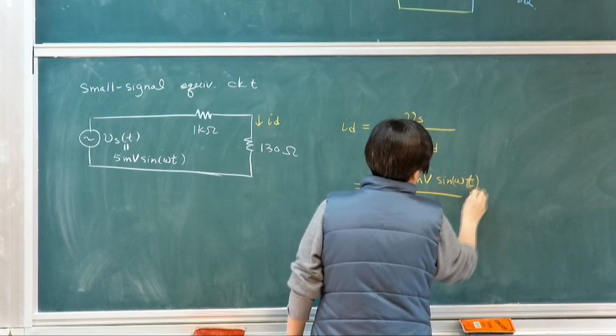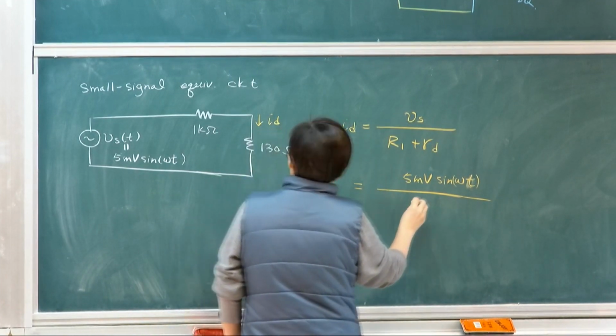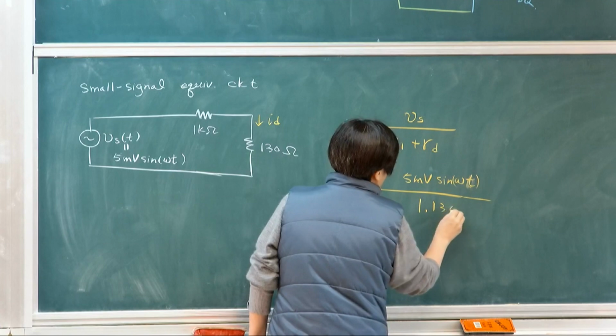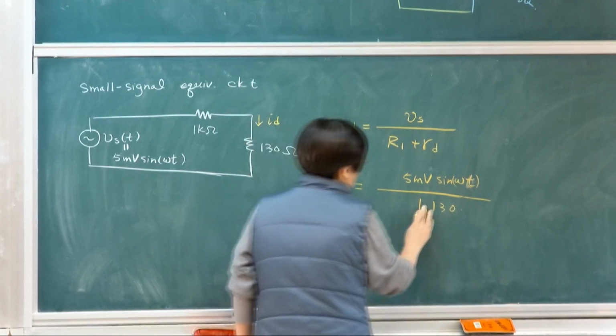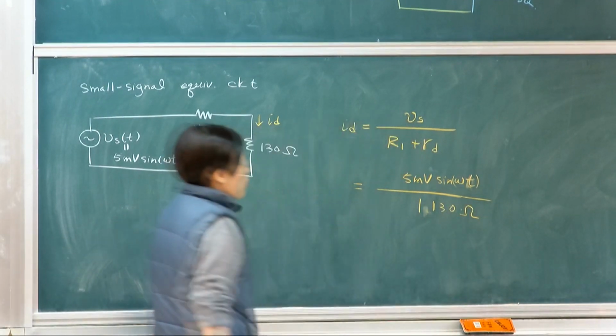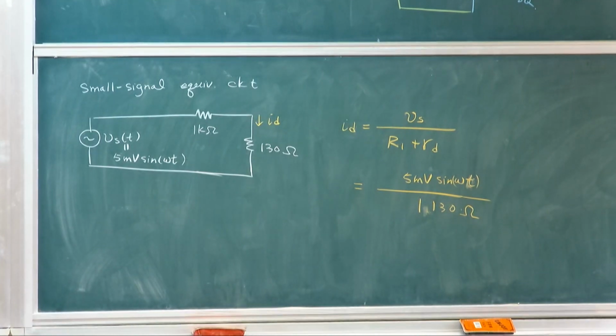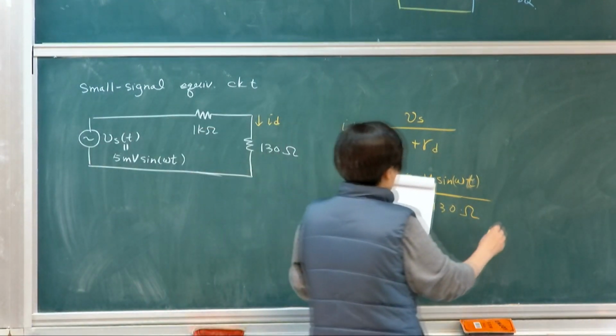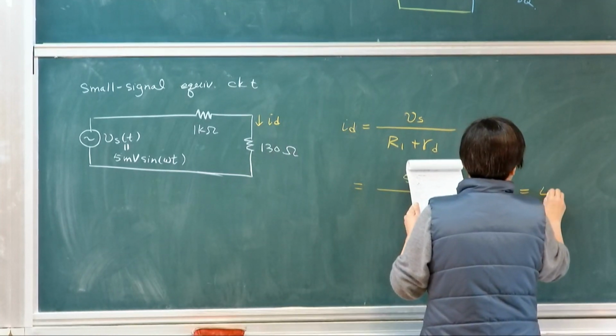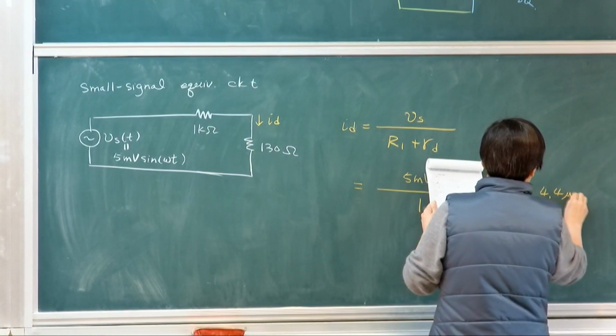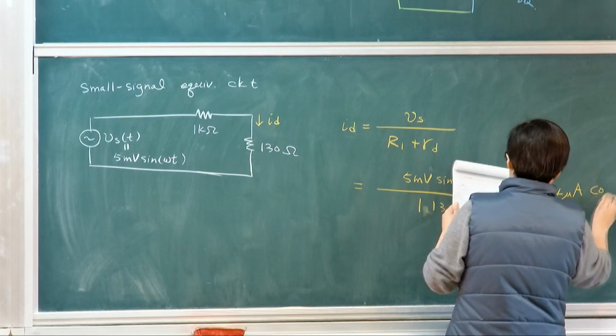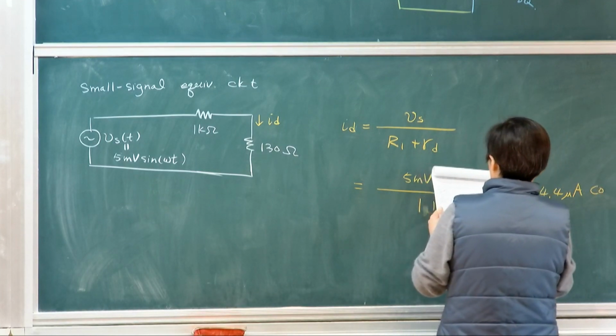It will still be a sine signal. And then divided by 1.130. Right? So then we get our current. The current will be about 4.4 microamp.